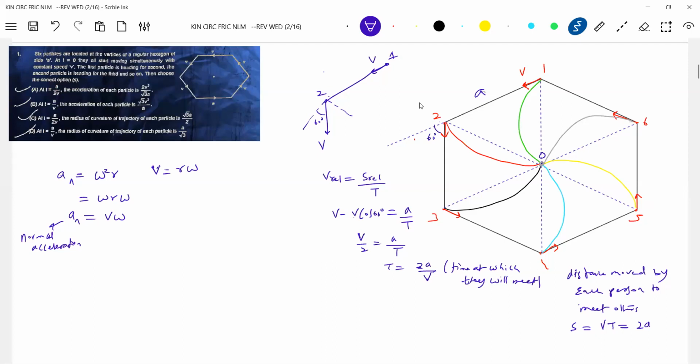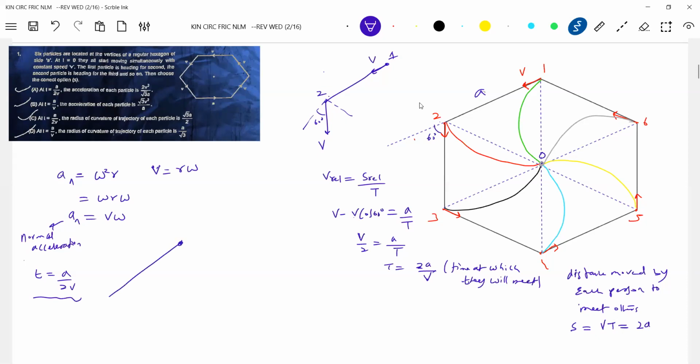Okay, t equal to, so first part I'll put it, t equal to a by 2v at this instant. So what is the separation between them? What will be the separation between them? At t equals 0, I'll make the problem.